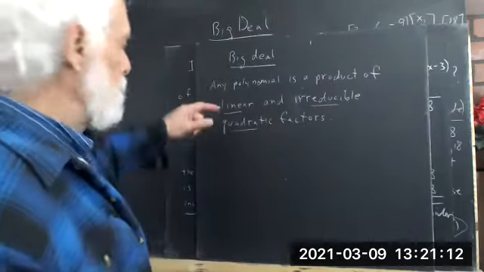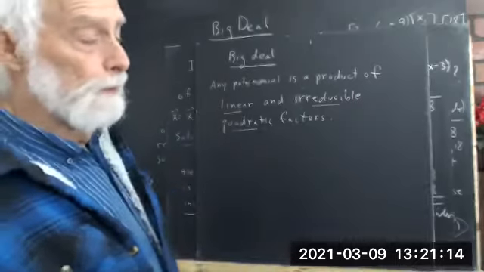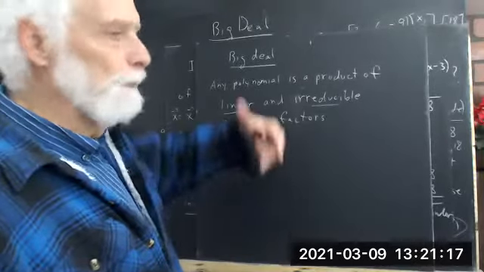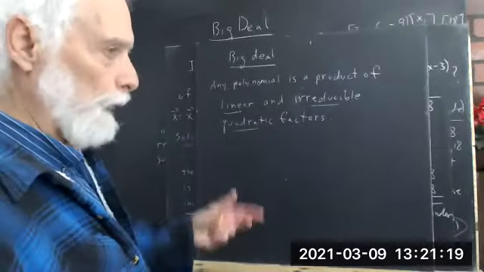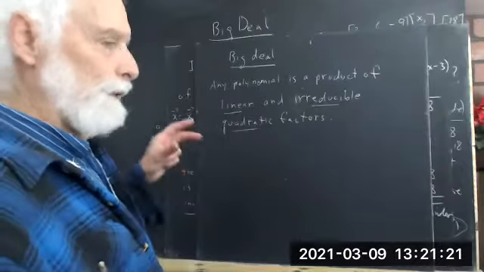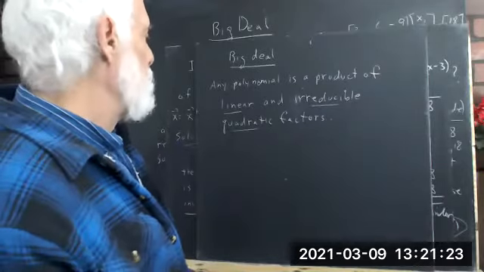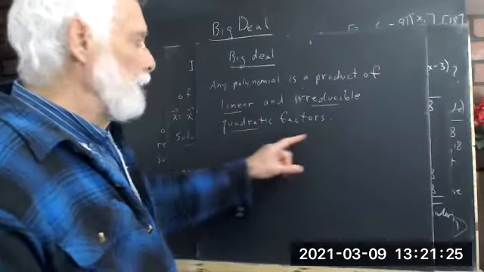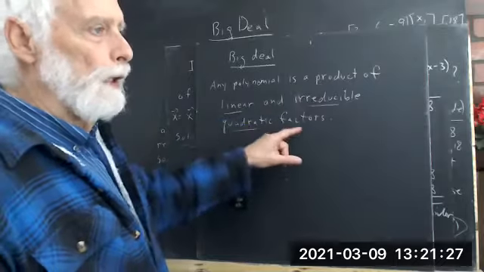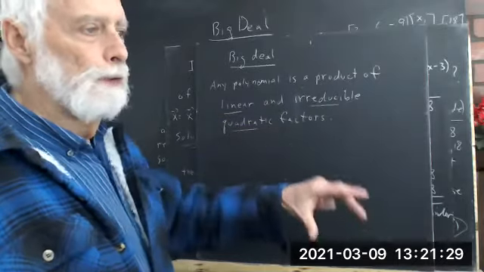That is, linear factors like x minus 3, and 5x plus 8 would be another linear factor, a linear function if set by itself, and irreducible quadratic factors, that is, quadratics that don't have real zeros.